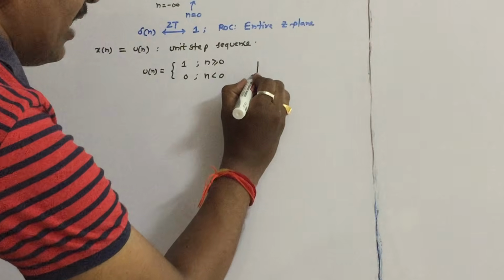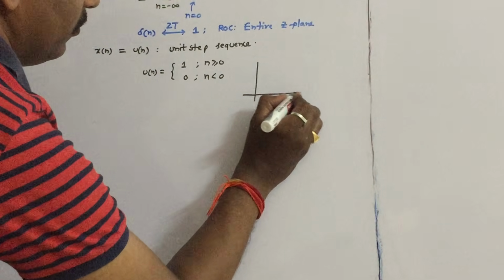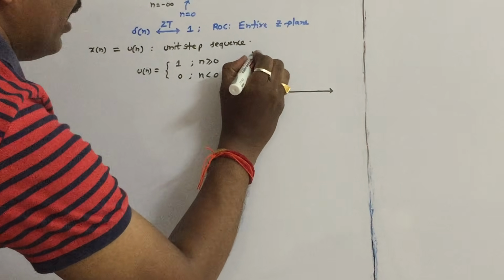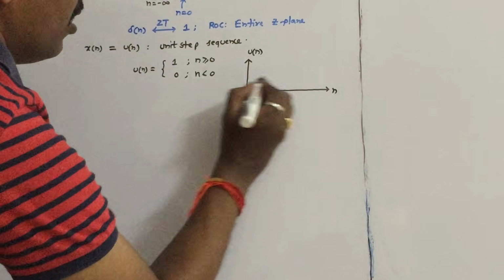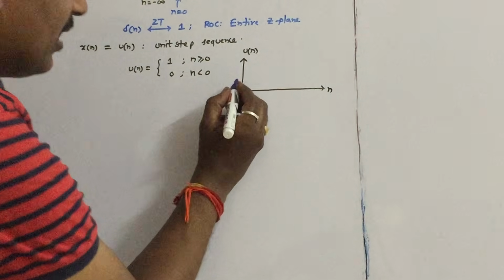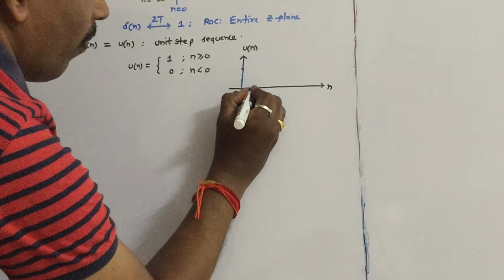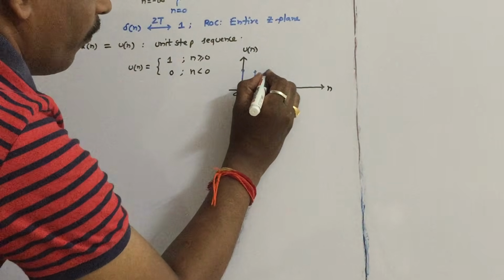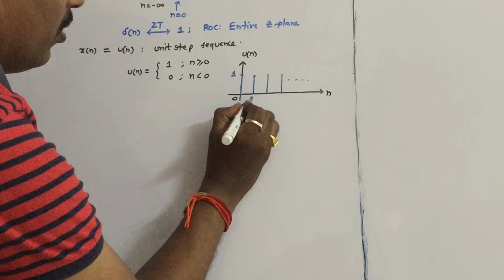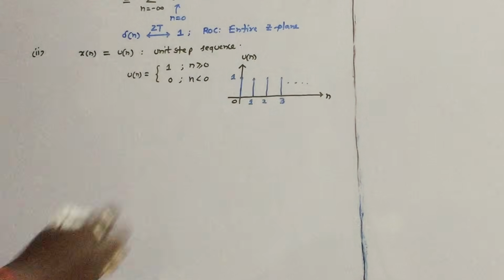So let us represent this graphically. So this is the unit step sequence, as the name itself indicates. All the sample values are 1, at 1, 2, 3, and so on.